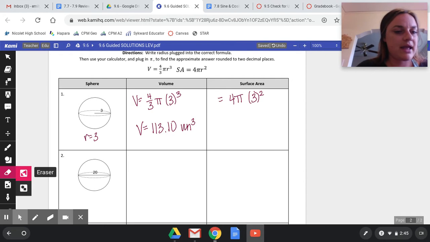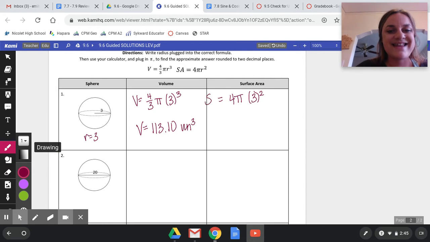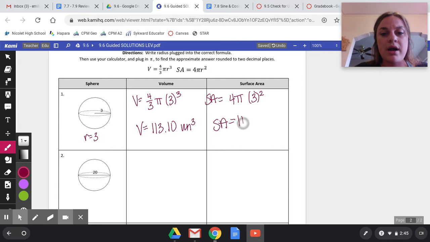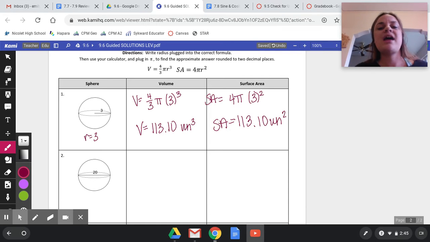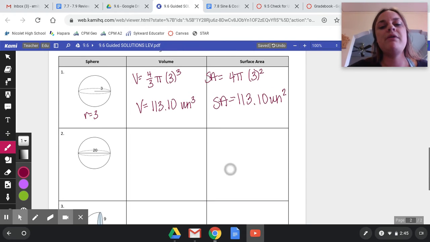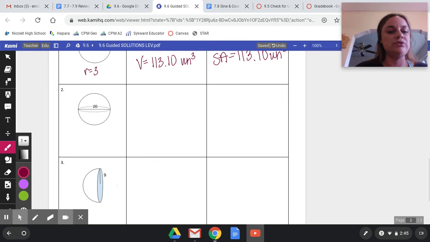This should be SA, sorry. So my total surface area is equal to 113.10 square units. It just happens to be the case that when you have a sphere with a radius of 3, the volume and the surface area will be equal. That's not always going to be the case, which we will find out in example 2.